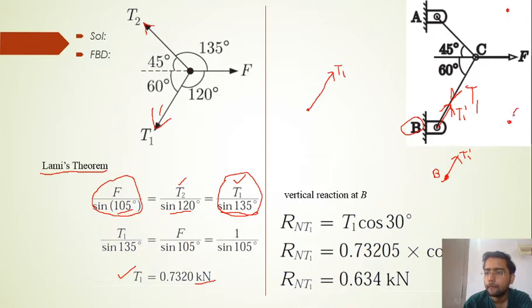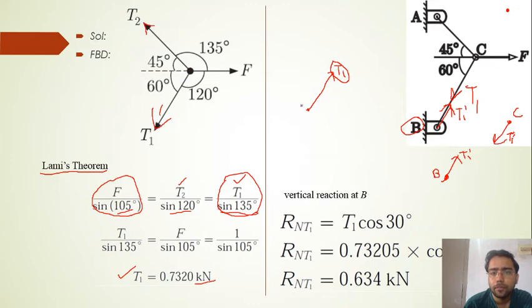Suppose this point is C and the force will be in this direction, T1, right? So if this BC needs to be in equilibrium, this T1 and T1 dash should be equal, right? So that's why I have taken tension same in this bar BC, right? So T1 and T1 dash are equal and in opposite direction, then only they can make this BC in equilibrium, right? Okay, so that's why I have taken this tension in positive upward direction, T1, right?